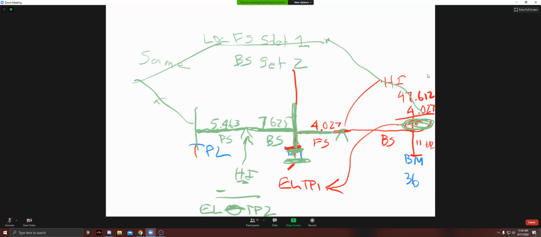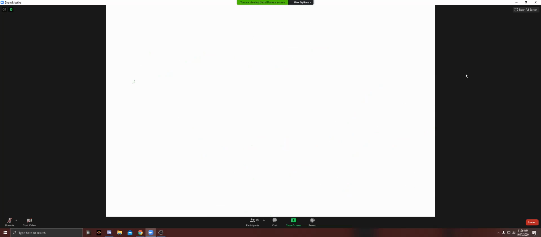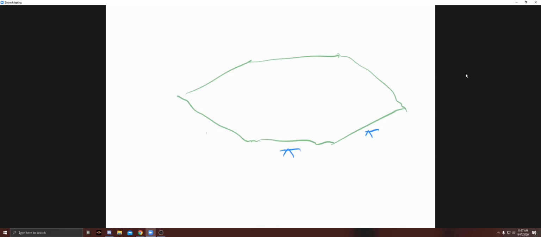Okay, so let me draw something else here for you. Let's just go over and I'll show you what you're going to be looking at here as far as what data you're measuring. And you'll have a setup here, a setup here, a setup here, here, here, here.